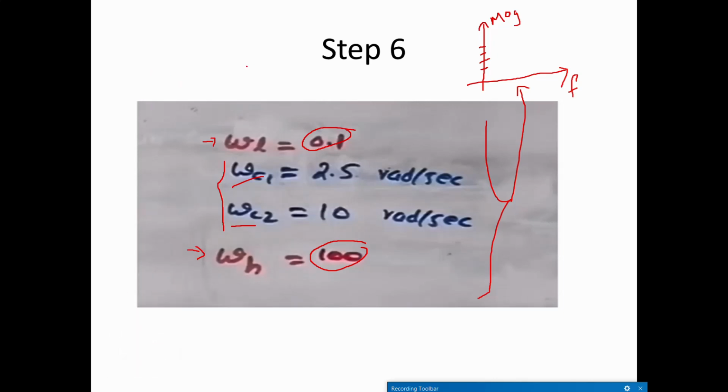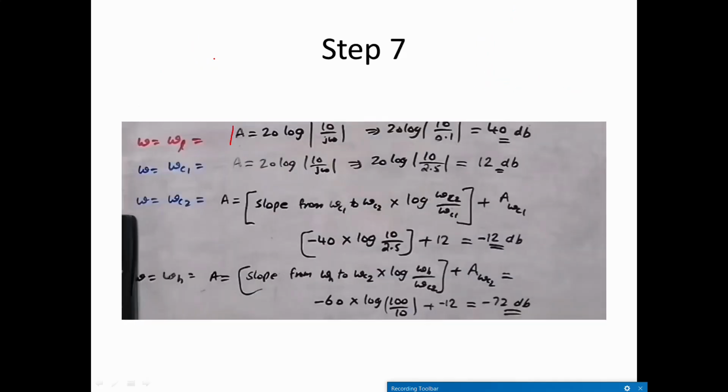The formula to find out the magnitude for a given frequency is 20 log of B by A. Okay, so this is the formula that we have to use when we want to calculate the magnitude for a given frequency.